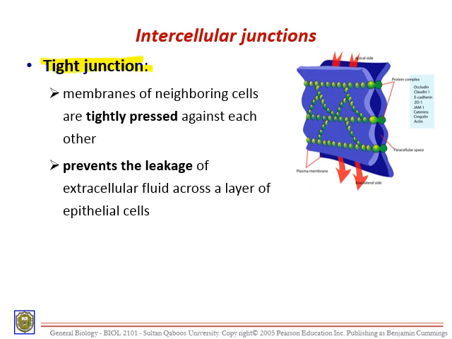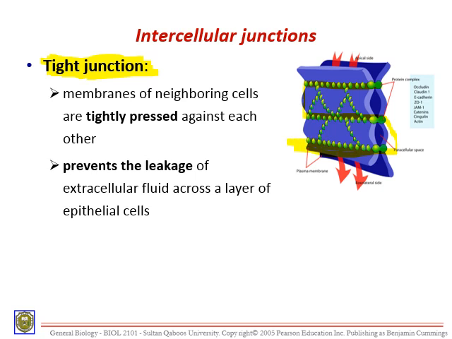The tight junction. So from the name, you can imagine this junction to be very tightly holding the membranes of neighboring cells together. It's like they are pressed against each other, and you can see kind of a tiny or a thin rope that holds the two cells tightly together.